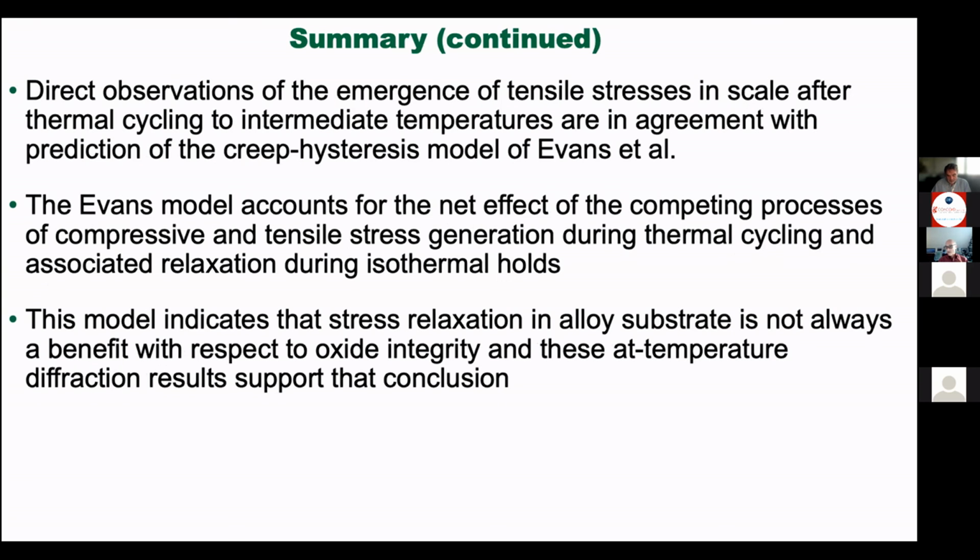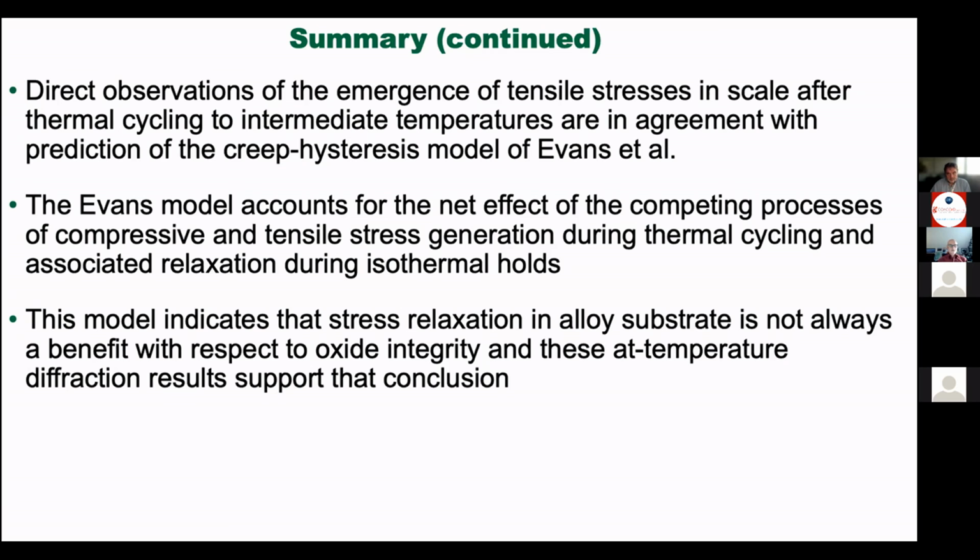We made direct observations of the emergence of tensile stresses in scale after the thermal cycling to intermediate temperatures, and these are in agreement with the prediction of the creep hysteresis model of Evans et al. This model is an important one because it accounts for the net effect of the competing processes of compressive and tensile stress generation during thermal cycling and the associated relaxation that comes during the isothermal holds.